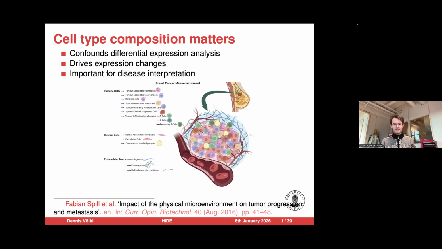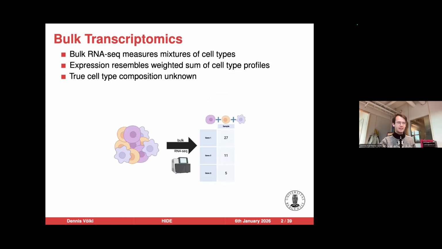And therefore, especially in cancer research, knowledge about these cellular proportions and how they are present in the tissue is very important. But how can we even measure this? Well, the older method and I think most common method is by bulk RNA sequencing methods.